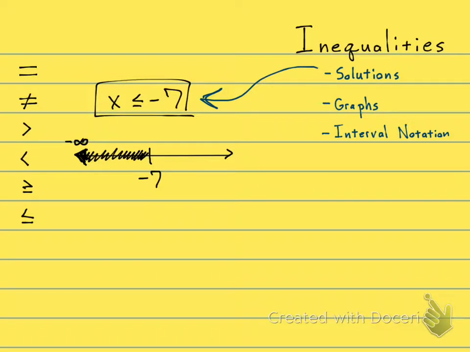Now, what do you put at the -7? If you have less than or greater than, it would mean that this part right here is not part of the solution, so you would put a parenthesis.